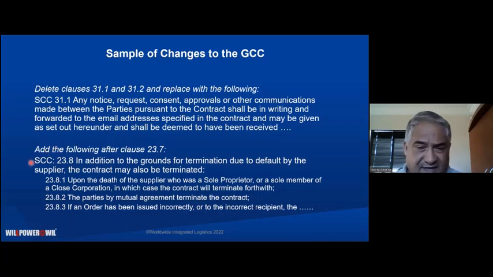Here's another example. I don't necessarily want to go through all these examples, but here we want to add something after another clause. We want to add, after clause 23.7, clause 23.8, which sets out other circumstances that would allow for termination of contract. And so you can include those types of things in your special conditions of contract.